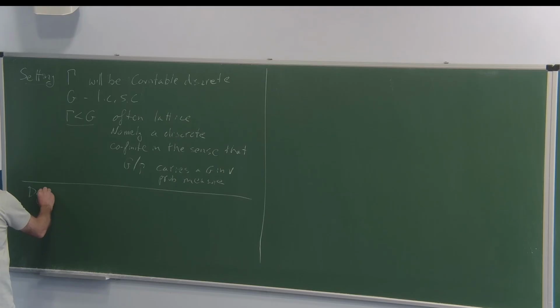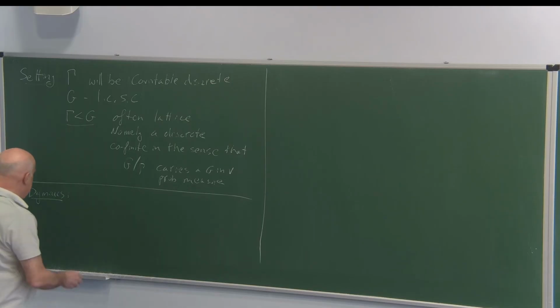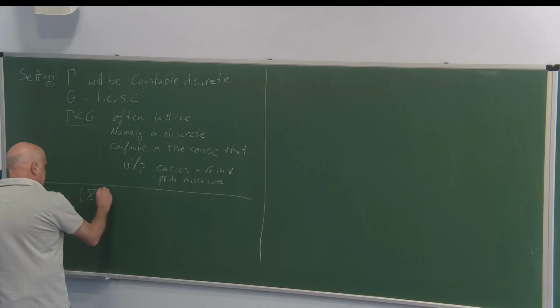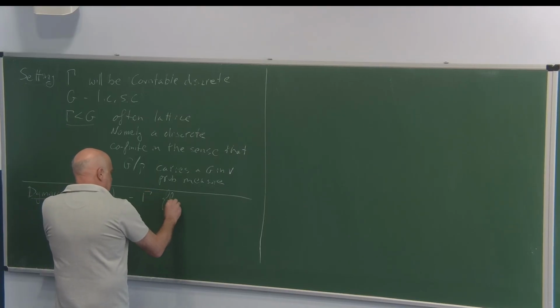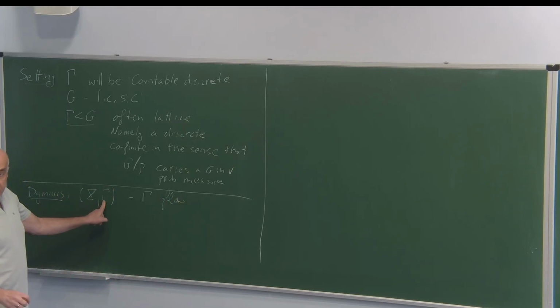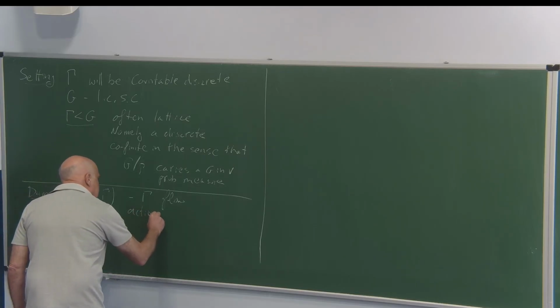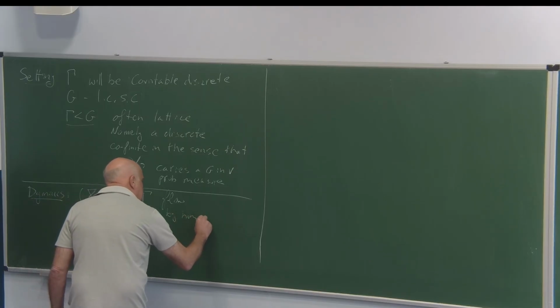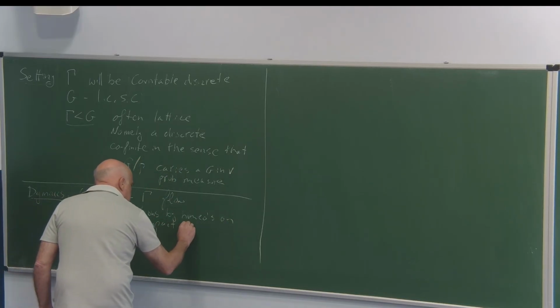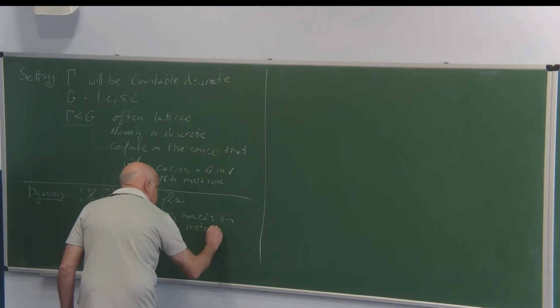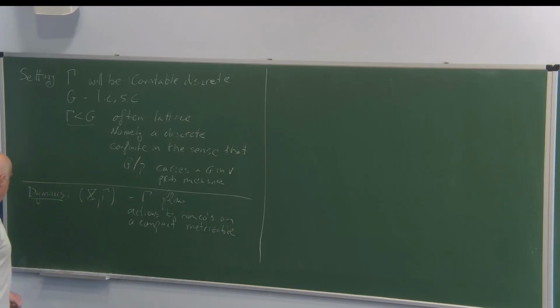I'm also going to talk about dynamics, and I want to emphasize three different settings. One, I will denote by X, gamma. This is called the gamma flow. Namely, the discrete group gamma acts by homeomorphisms on a compact space, most usually metrizable.